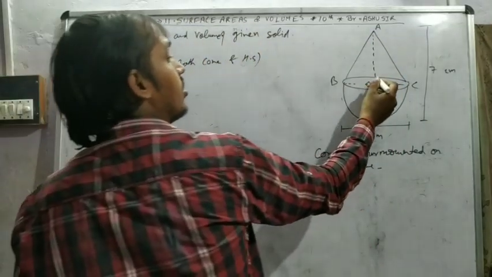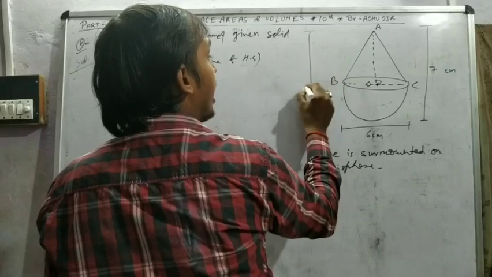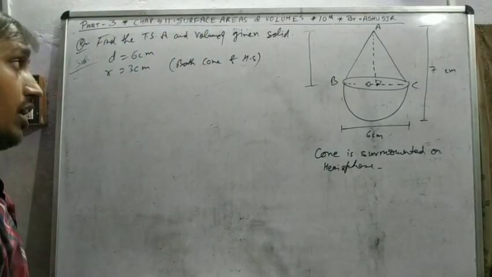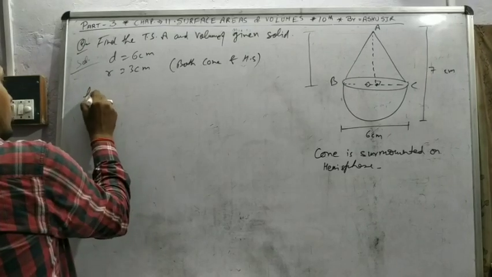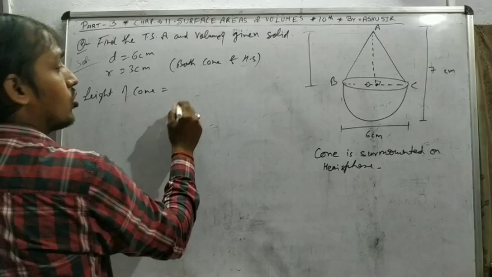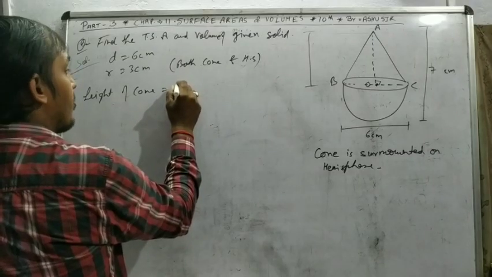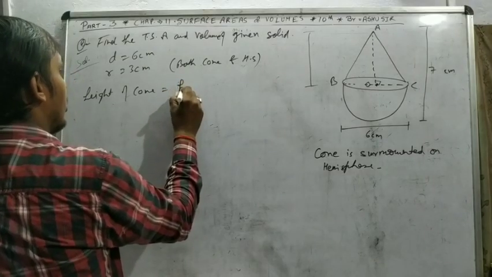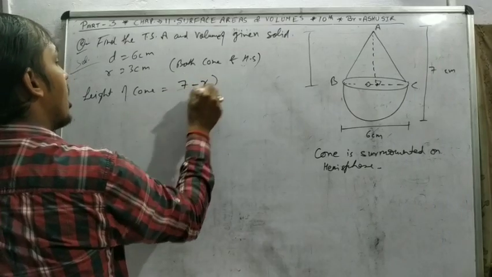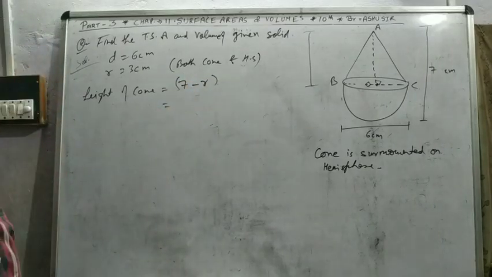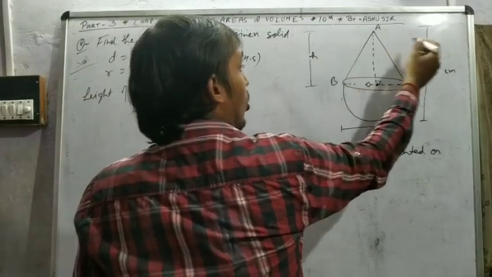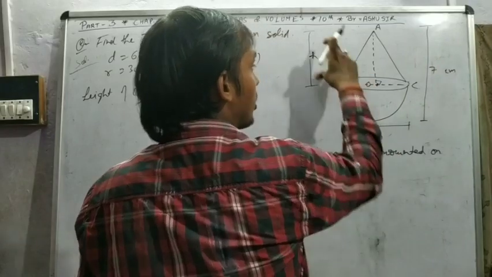this is 90. What is the height of the cone? If I say height of cone is equal to h, 7 minus r. This is h. The whole part is 7. So what is the height?